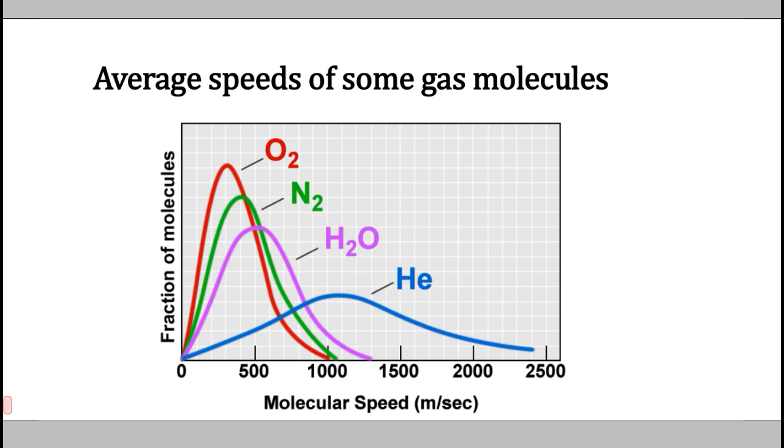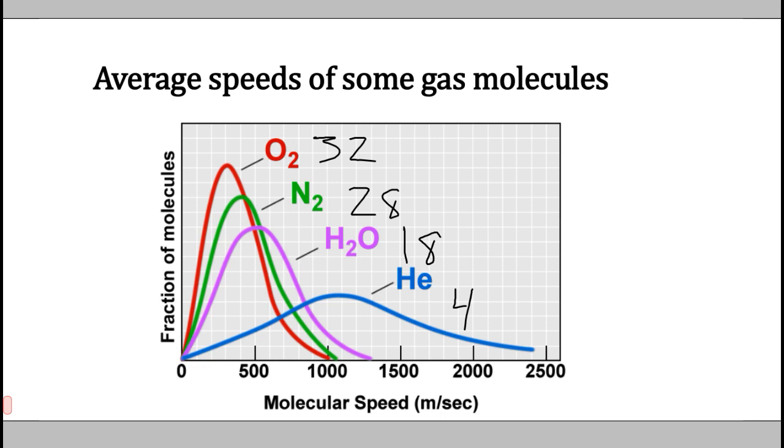The molecular weight of helium is about 4, water is about 18, nitrogen is 28, and oxygen is 32. So you can see that as the molecular weight is increasing, the average molecular speed is decreasing.